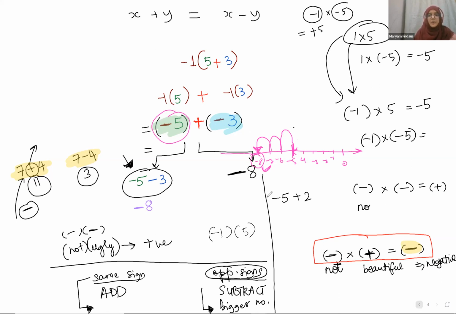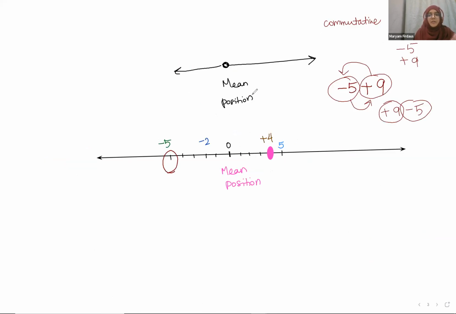So we were basically talking about this. Before you reached this +4, you were at -5. Then I asked you to move 9 meters to the right.